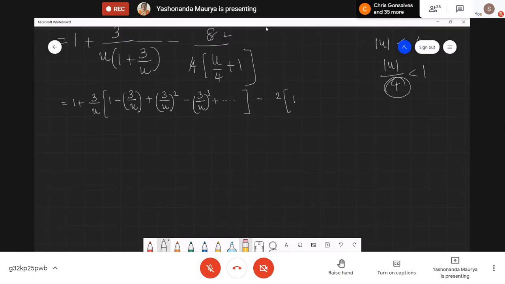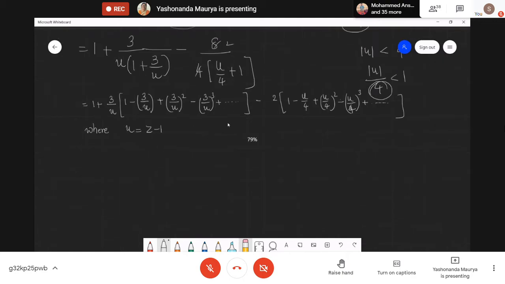So this will be 1 minus u by 4 plus u by 4 whole square minus u by 4 whole cube and so on. So this is what the expression is. Again, now here nothing can be taken out common, so this will be our final expression, where u is equal to z minus 1.